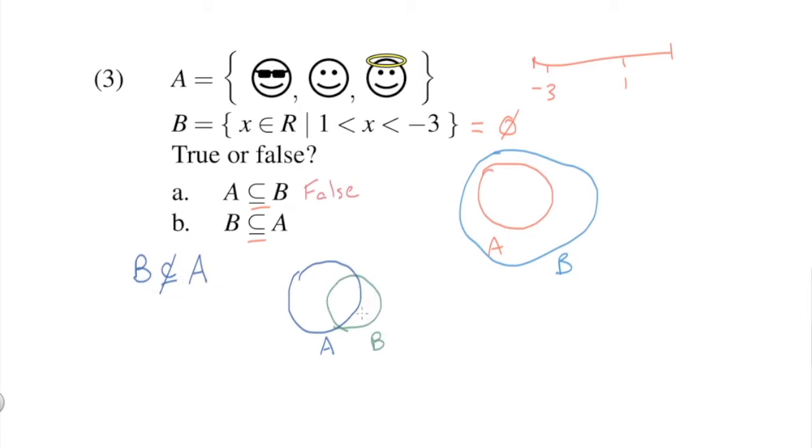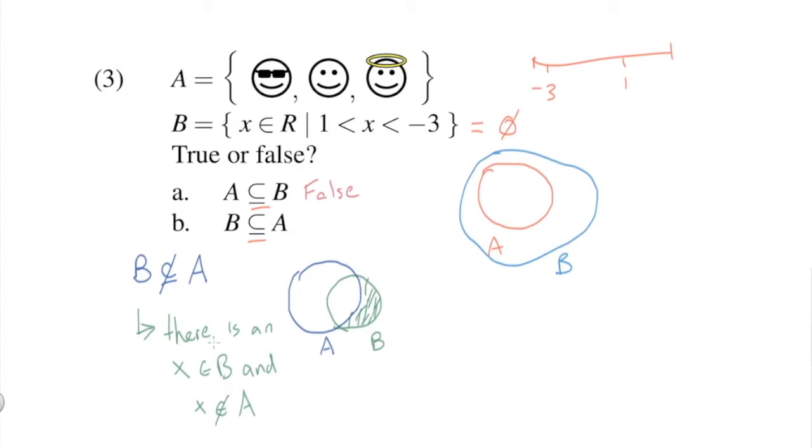There's at least one element which is in B but not in A. If B is not a subset of A, then we have to conclude there is an X in B and X is not in A, right?